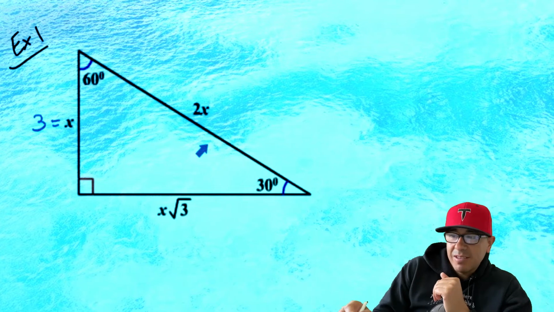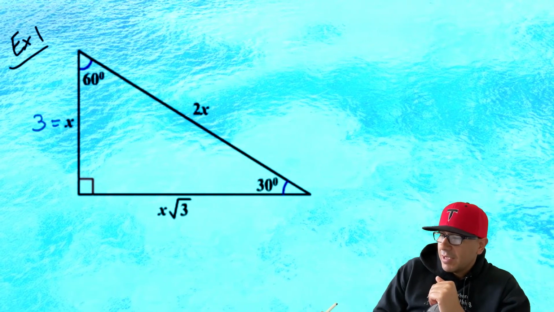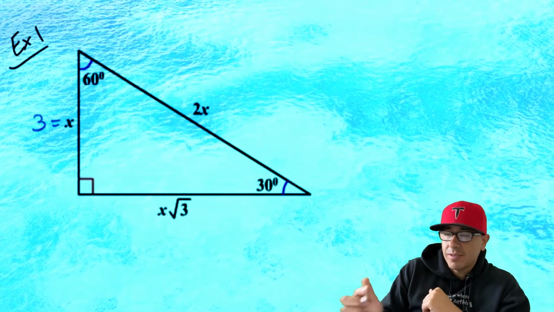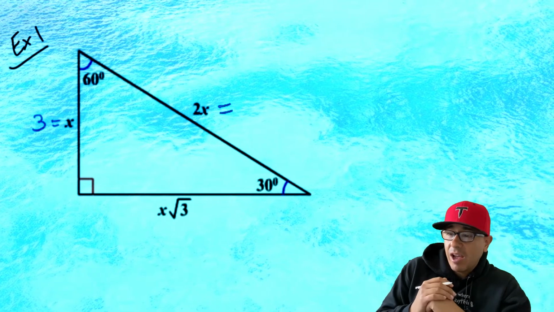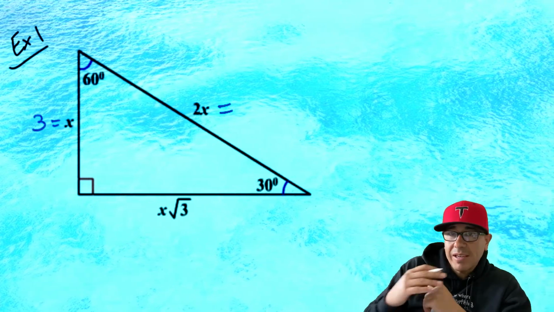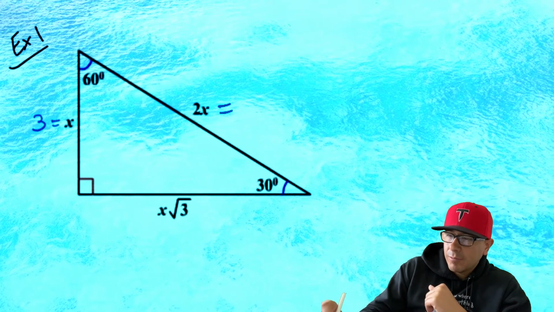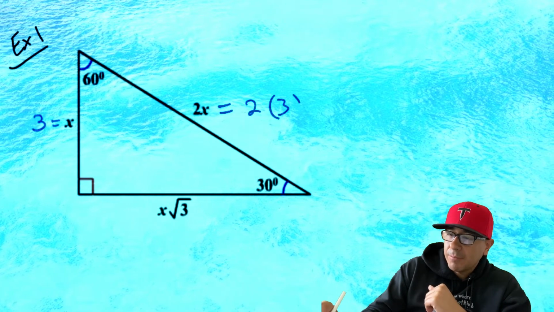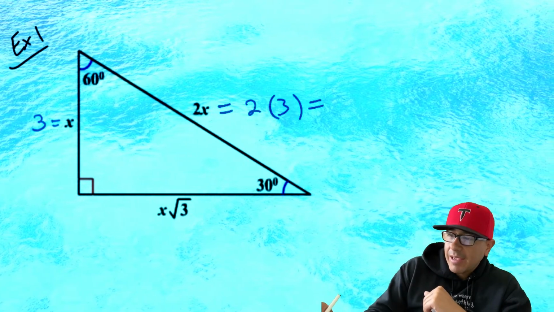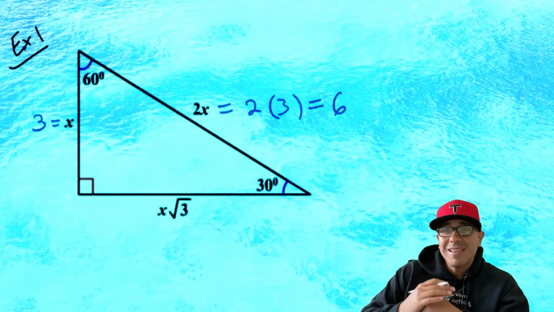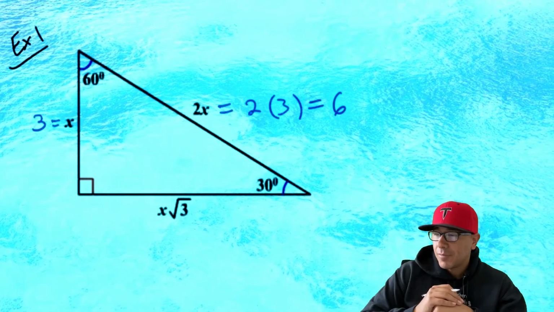Well, this one's pretty easy too, right? Because if I know that shortest side is 3 units, then for my hypotenuse, which is directly across from my right angle, I'm going to plug in the 3. So there I get that this hypotenuse is 6 units.